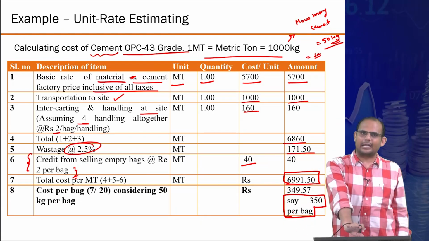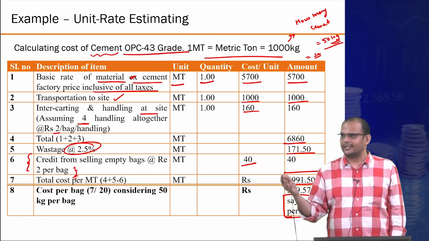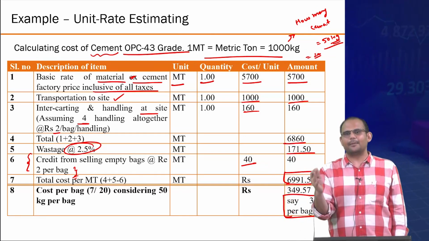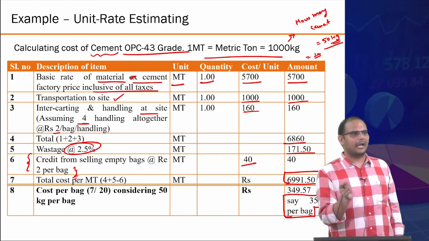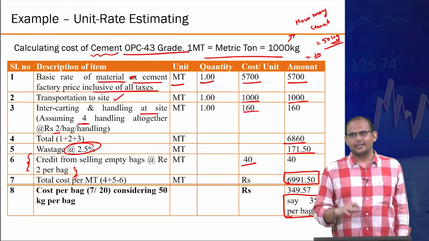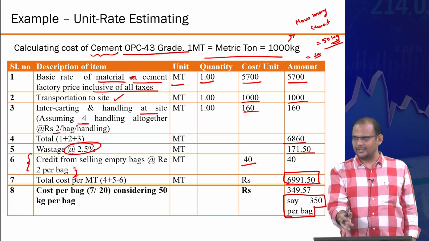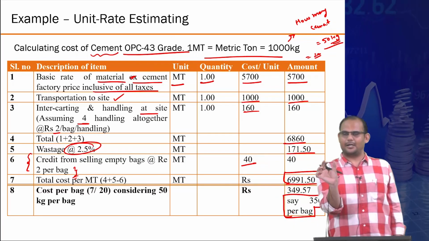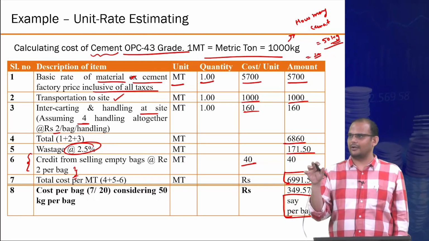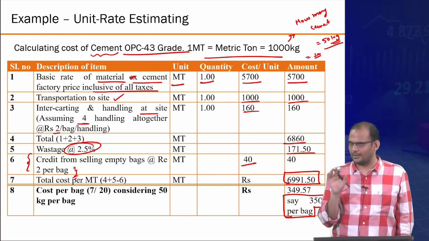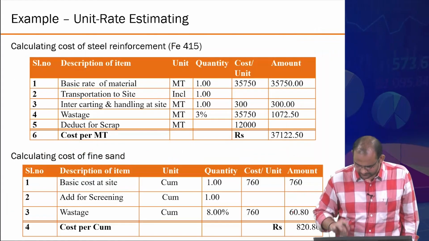So now, if you want to do the concreting work, and you know that in 1 cubic meter of concrete how many cement bags you need, then you multiply the number of cement bags with this rate to estimate only the cement component of 1 cubic meter concreting cost. Got the idea how we are doing it?